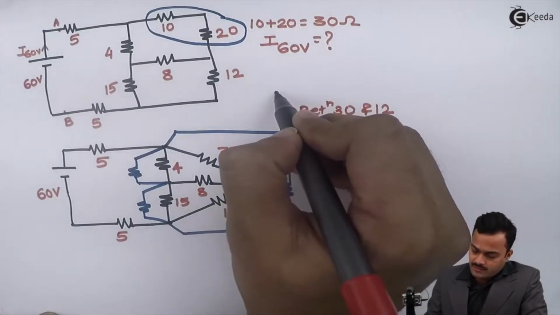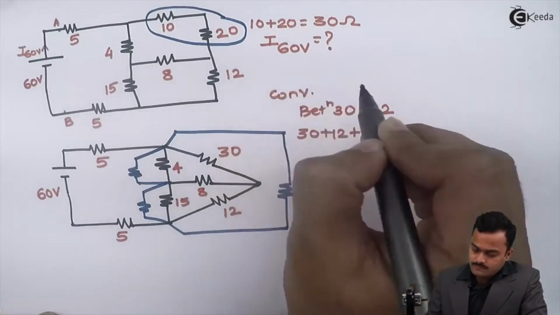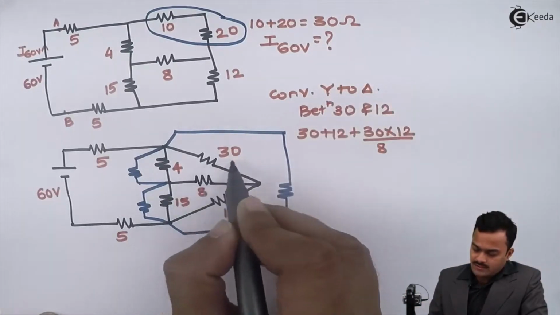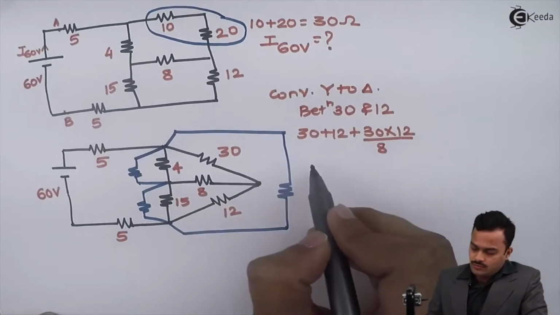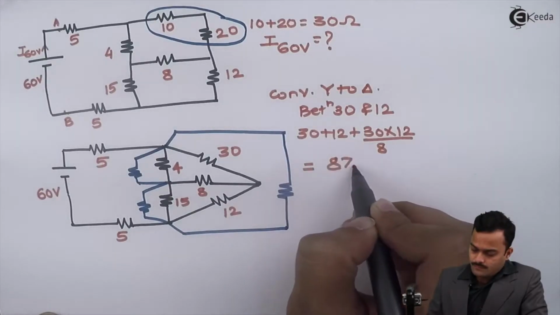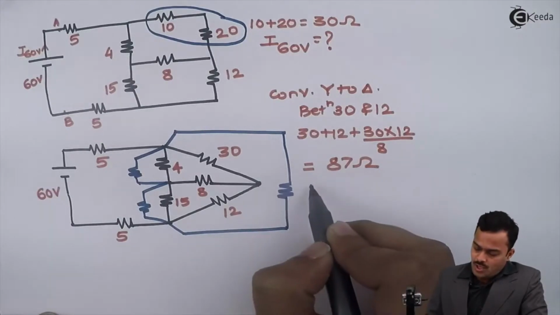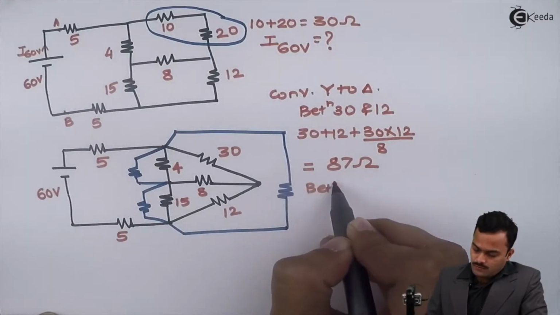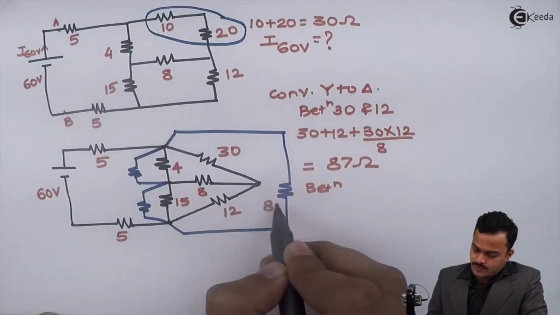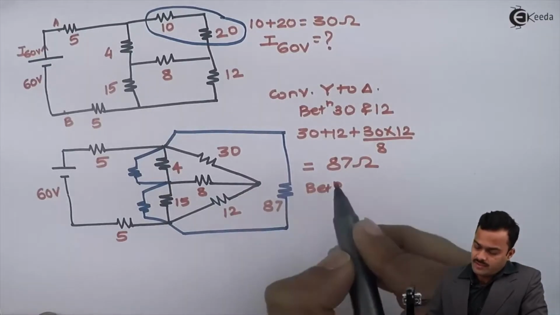So I will write over here, I am converting this star into delta. So this will give me answer 87 ohm. Now, I will write here 87 is between 30 and 12. So this particular value is 87.